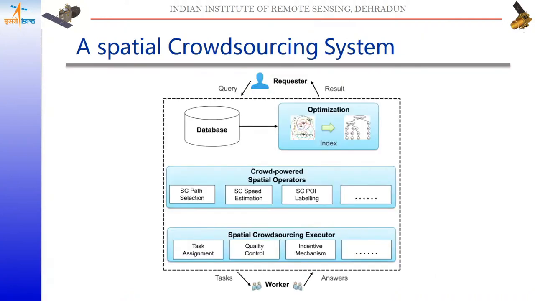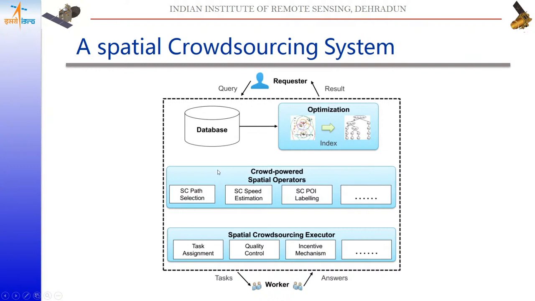If we talk about how the spatial crowdsourcing system works, the tasks are assigned to different users, and there is one spatial crowdsourcing executor. Task is assigned to the user. There is a quality control and incentive mechanism in place for that. Once these are in place, then the crowd-powered spatial operators, SC path selection, speed estimation, and point of interest labeling are done at the middle level.